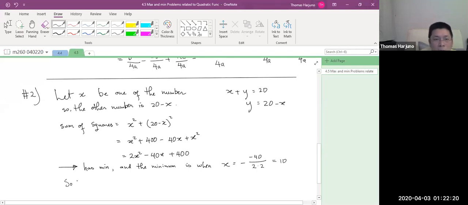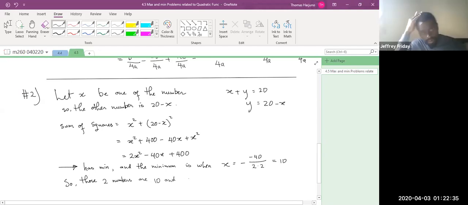So those two numbers are: the first number is 10. What is the second number? Also 10. That's 20 minus 10, right?